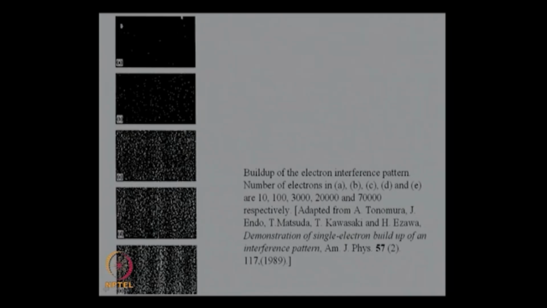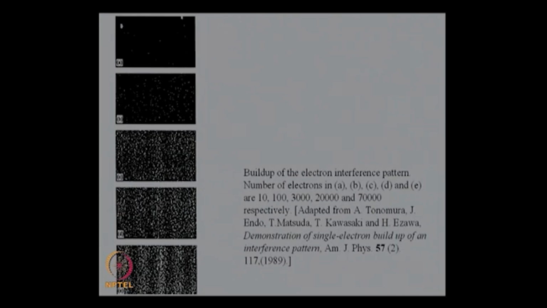As you can see from each of the photographs, the electron is detected only as a total electron, never half of an electron. So, you detect either one full electron or nothing.